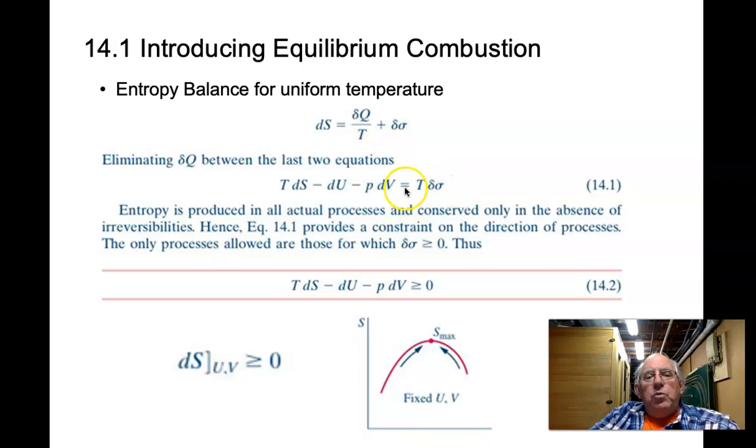And so this equal sign can be replaced by a greater than or equal to 0. And so this equation 14.2 is telling us the direction for which entropy and internal energy and volume are going to change in a process as we allow the process to go forward.